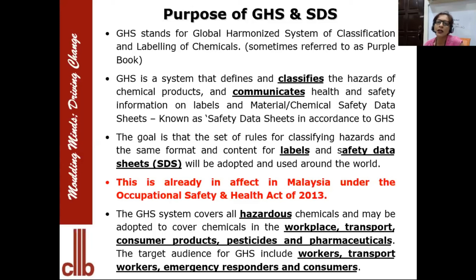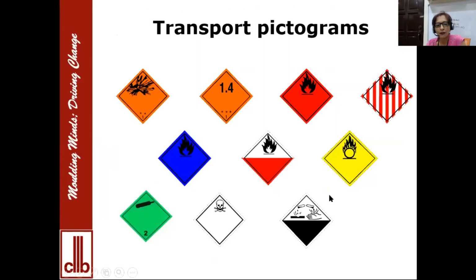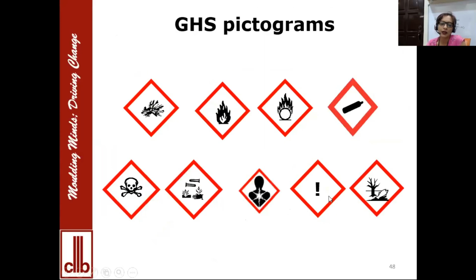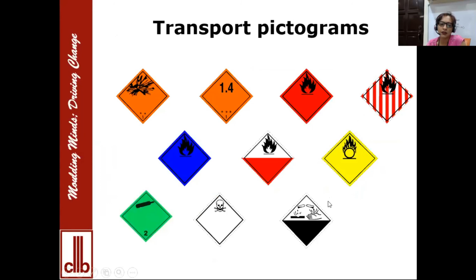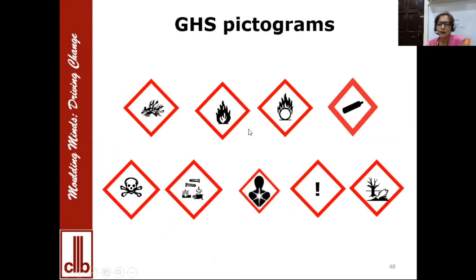And they have to communicate that in two methods. One is with the issuance of a safety data sheet, and the second is by using hazard pictograms. These hazard pictograms look like this. They are different from our transport symbols. The transport symbols are colorful and pictograms aren't, but they communicate pretty much the same hazards.